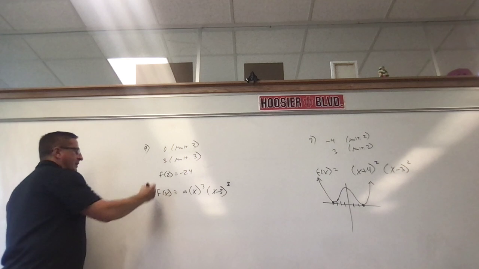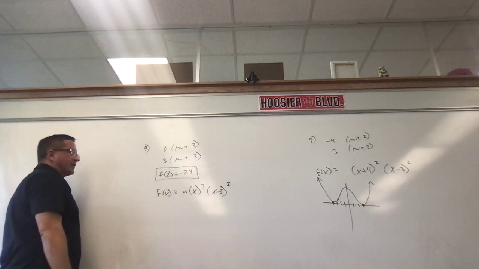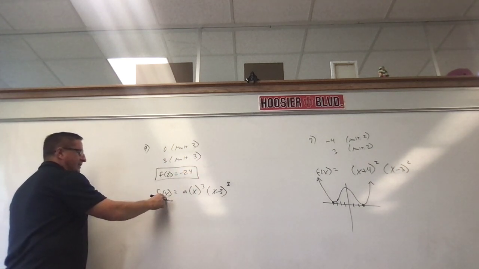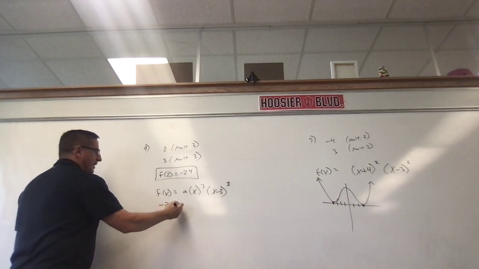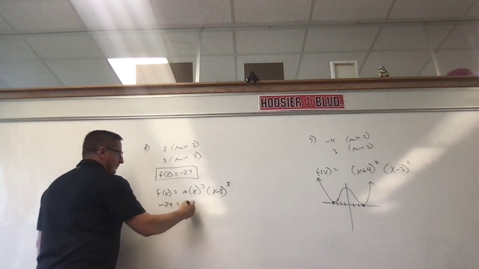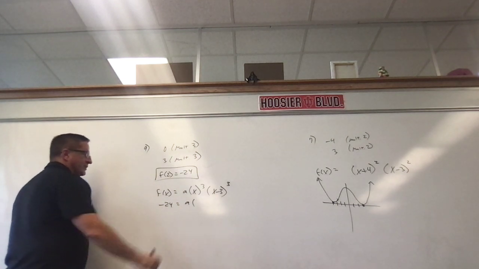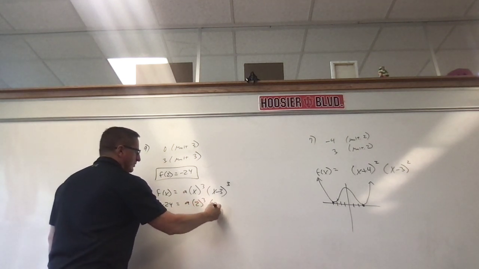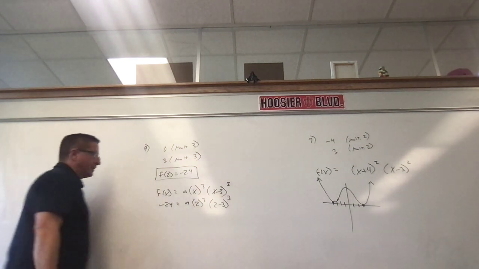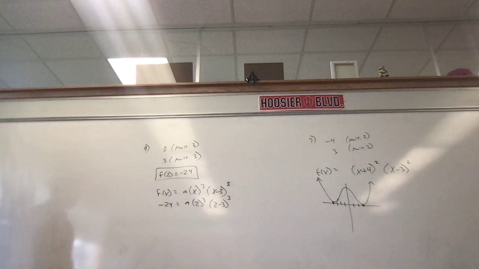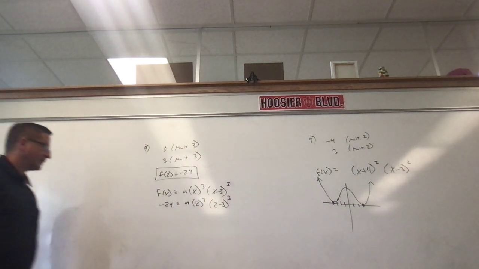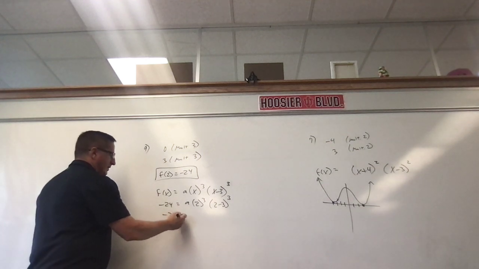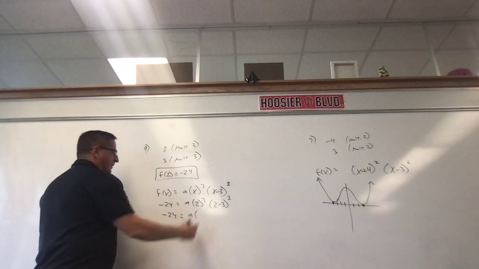Okay, we got to use this bit of information. F of 2 is negative 24. Plug in 2 for the x's. A, we're trying to find out. So 2 to the third, 2 minus 3 to the third. Just plugged in 2 for all the x's. 2 to the third, be careful, it's not 6.